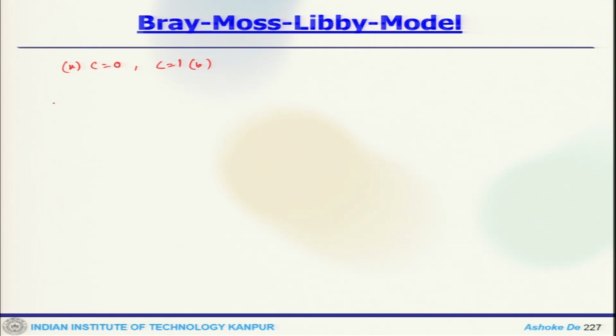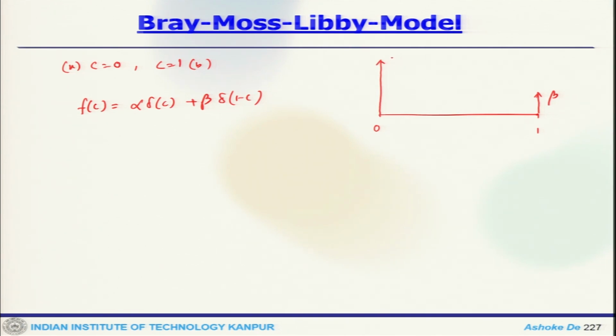So, the probability density function Fc would be alpha delta C plus beta delta 1 minus C. So, if we put that, this is 0, this is 1, this is beta, and this is how you get alpha Fc 1, and this is C.